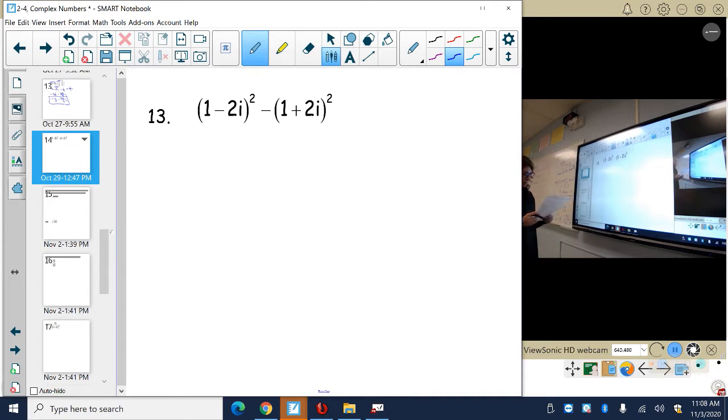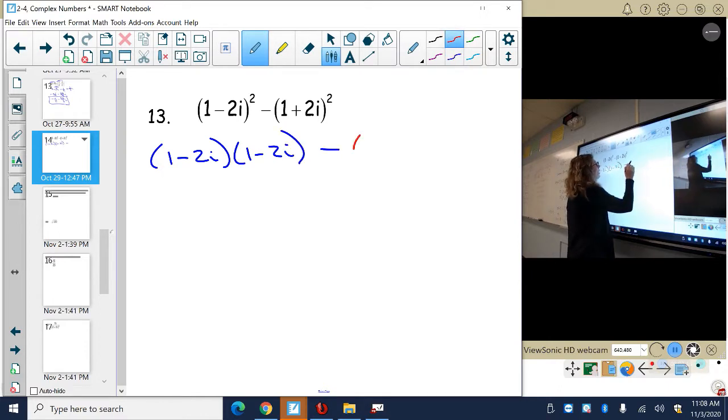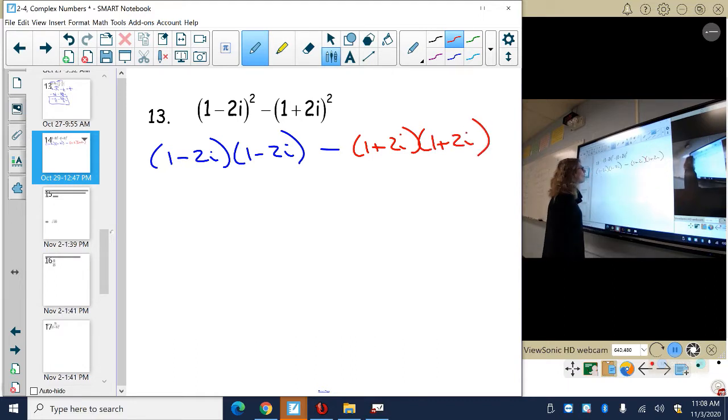Number 13, the directions here say to go ahead and perform the operations and write the result in standard form. There's 2 of these here, so you have to write this down twice. And you have to FOIL each of these. So if I FOIL this, I'm going to have a 1 minus 2i plus a 4i squared.